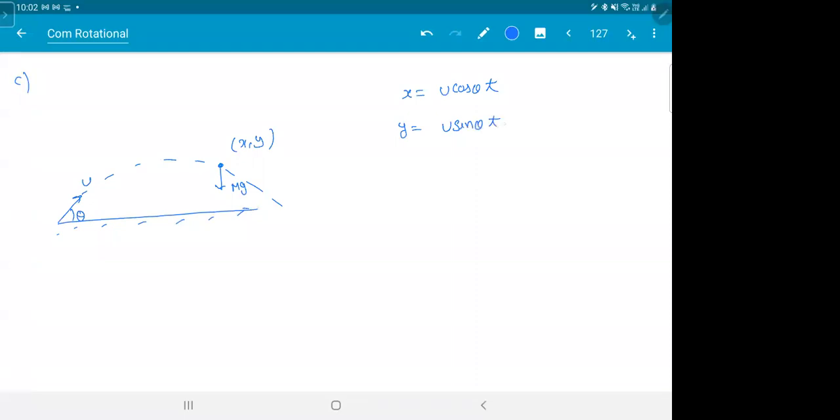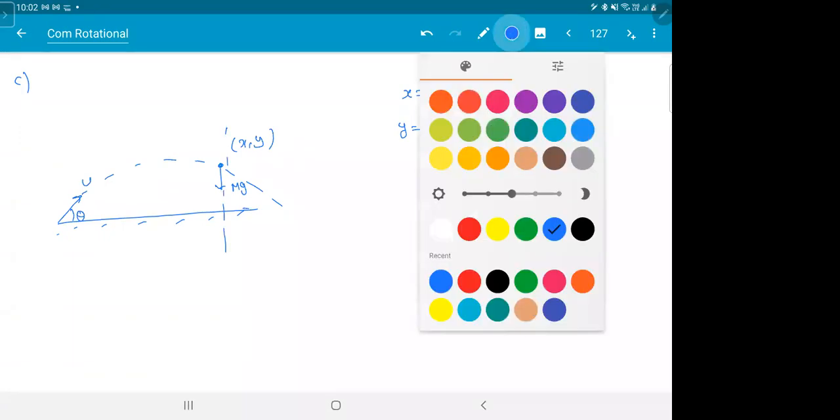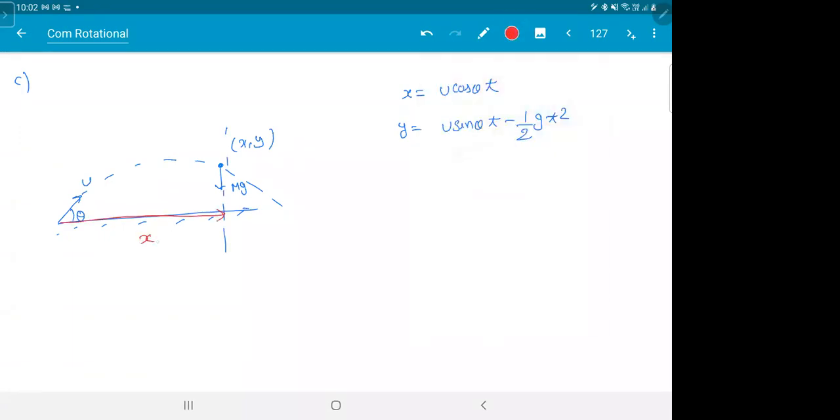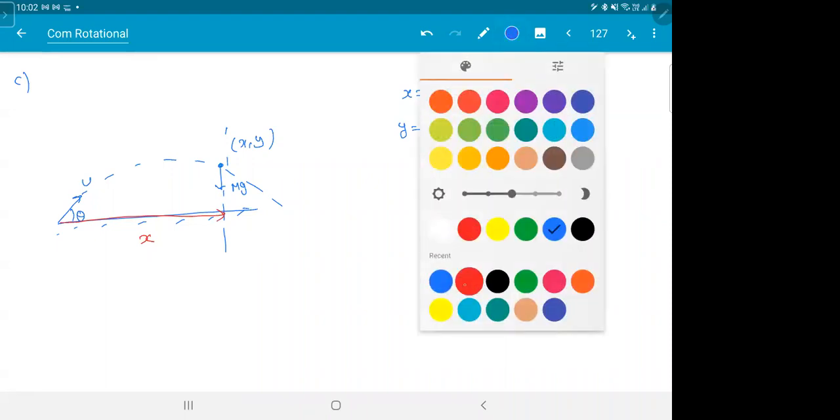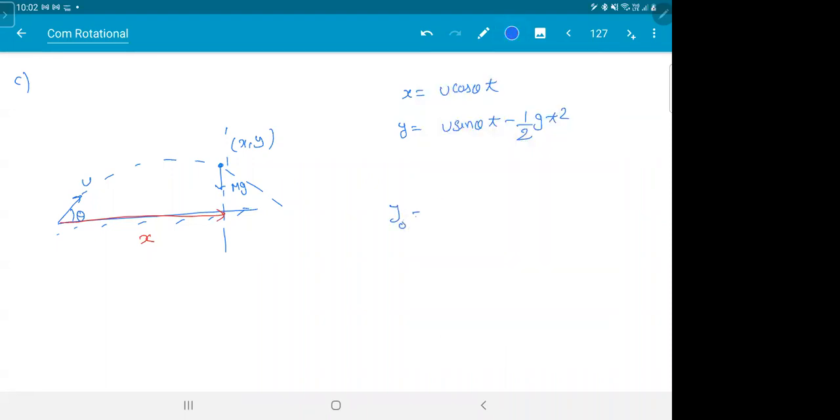What is the y coordinate? u sine theta t minus half g t square. Extend the vector, drop the perpendicular. So what is the perpendicular distance here? x. So the torque about O would be mg x, which is mg u cos theta t, into minus k cap. That's it. So when it's a function of time, it looks dangerous, but it's not much. Again, if you don't know your projectile motion results, you're gone.